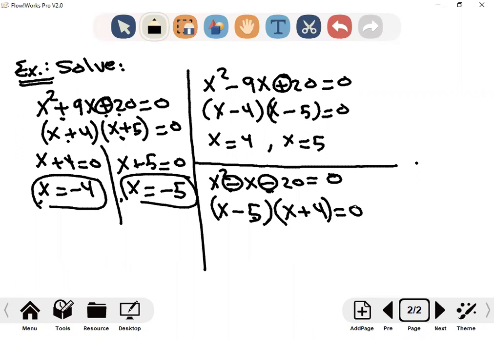After you make it, check it. You have a calculator. Negative 5 multiplied by positive 4 is negative 20. Negative 5 plus 4 is negative 1, which is the number beside x.